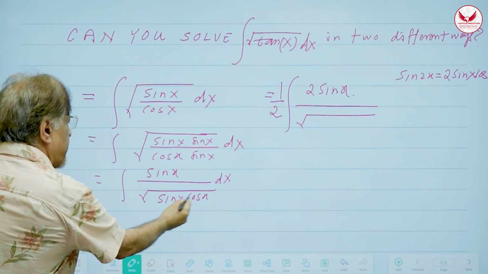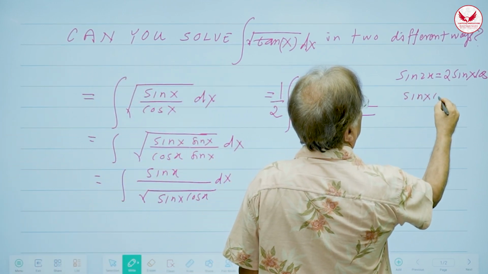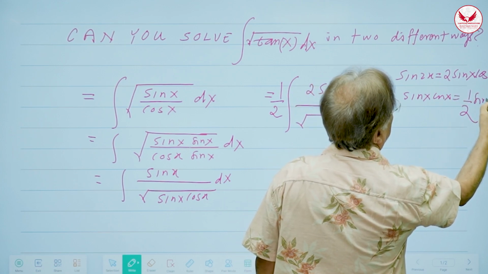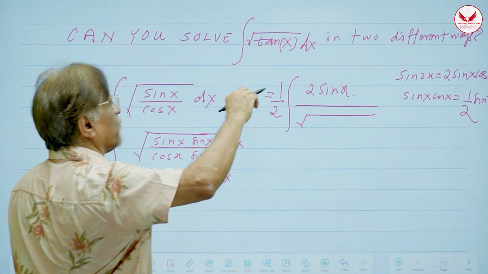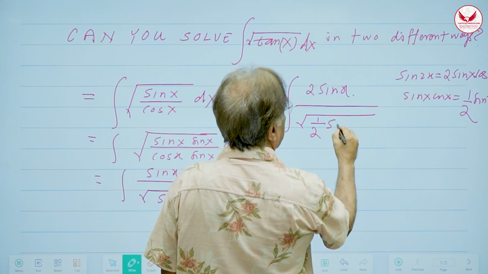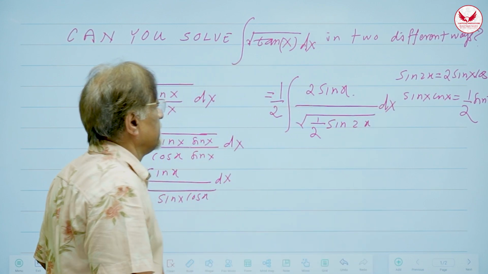Okay? So sin x cos x can be replaced by 1 upon 2 sin of 2x. Correct? So this sin x cos x I am going to replace by 1 upon 2 sin of 2x dx.